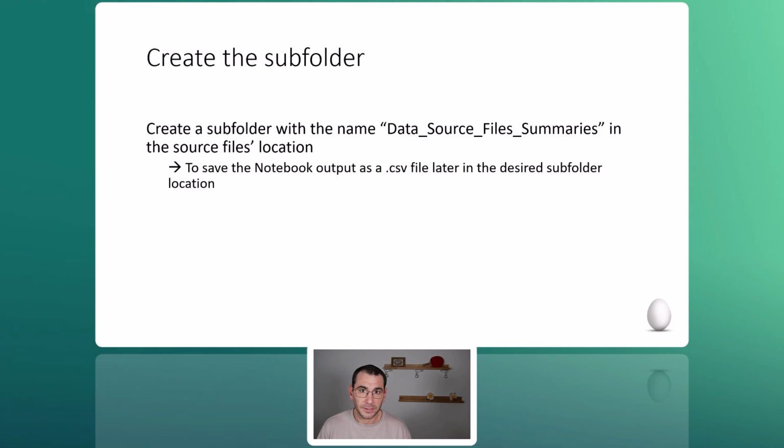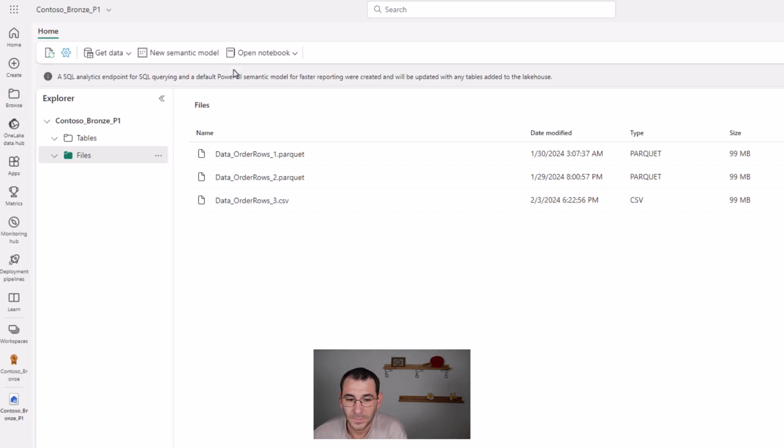That's why we create it first, so we can catch that mistake or that unexpected outcome that we don't desire and change the code accordingly. Okay, so let's create that subfolder.